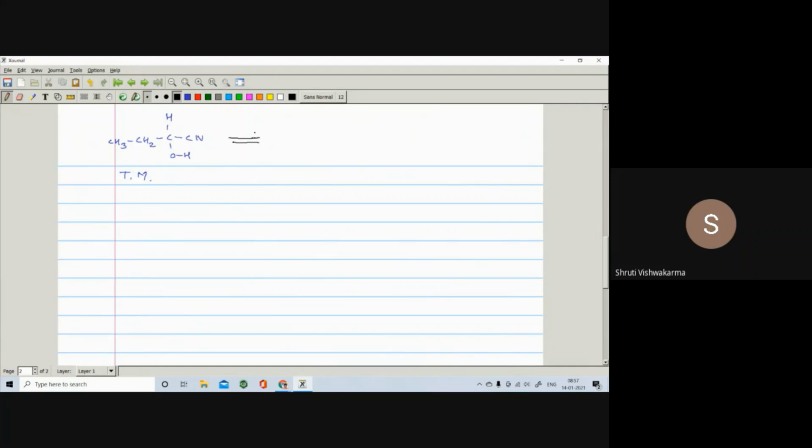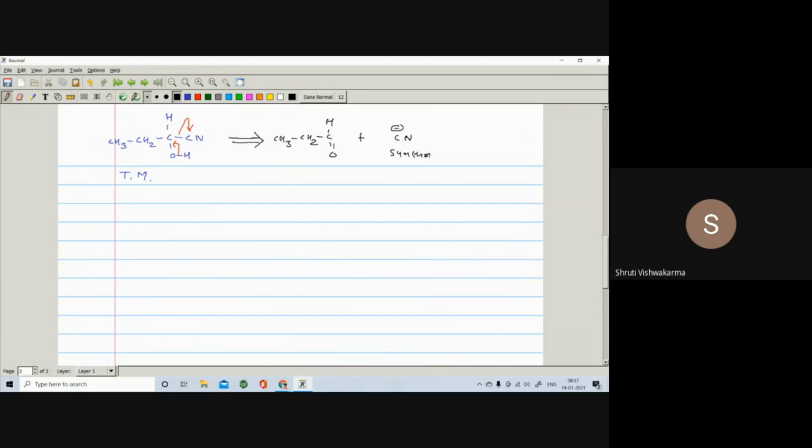Disconnection is very simple. The sigma bond opens on CN, CN becomes negative, C becomes positive. So this sigma bond will shift here. There is a formation of a double bond, and you are getting here CH3, CH2, C double bond O, here is an H, and here is a CN minus.